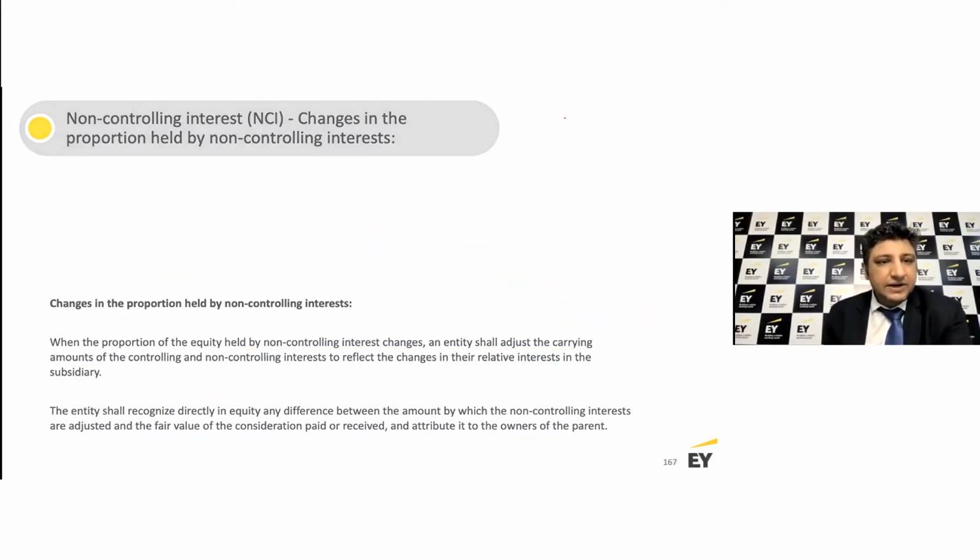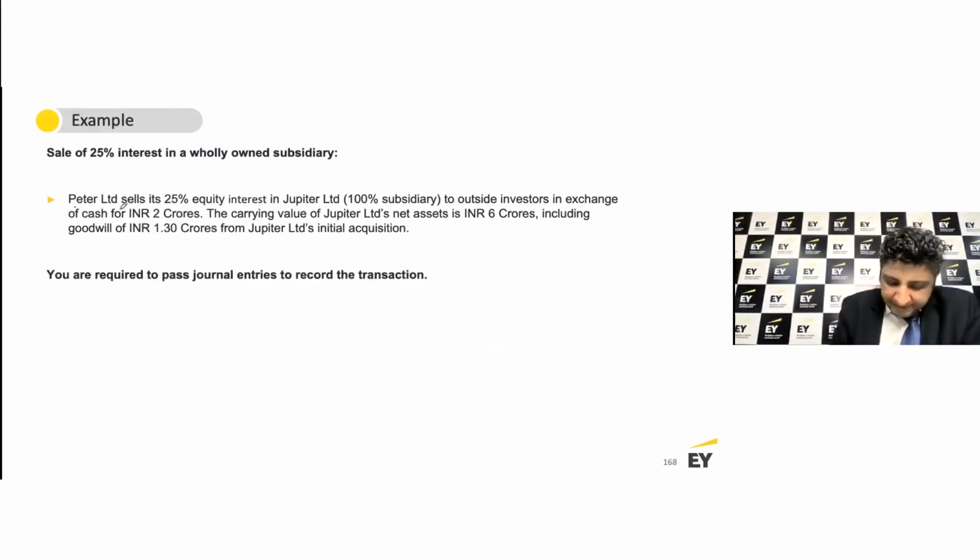Okay, let's have a look at this exam question. It says that Peter Limited sells its 25% equity interest in Jupiter, which was otherwise a 100% subsidiary, to outside investors in exchange for cash of 2 crore rupees.